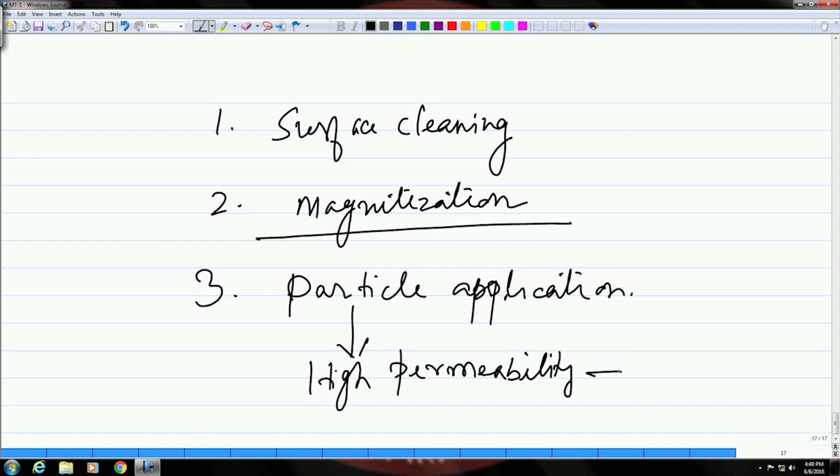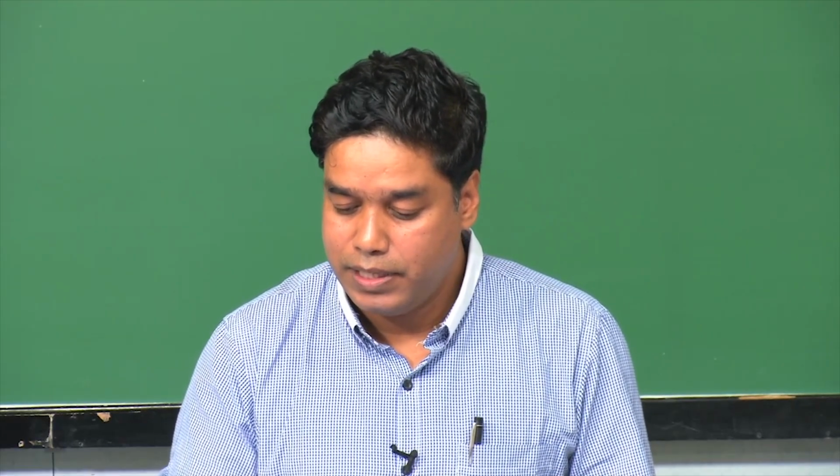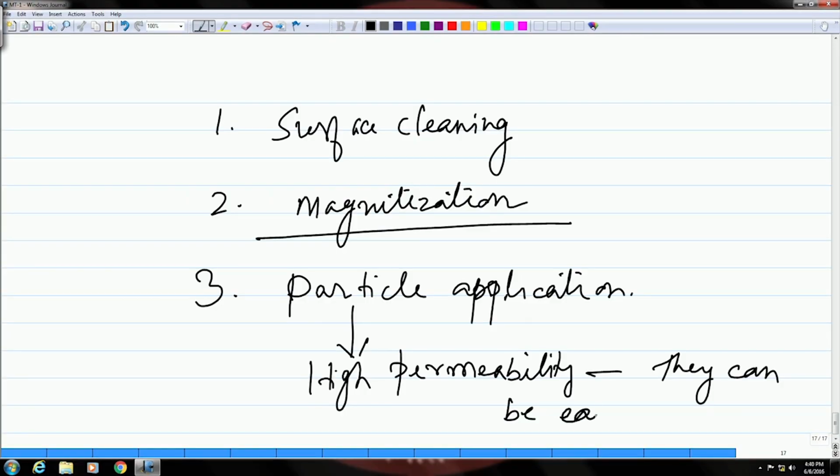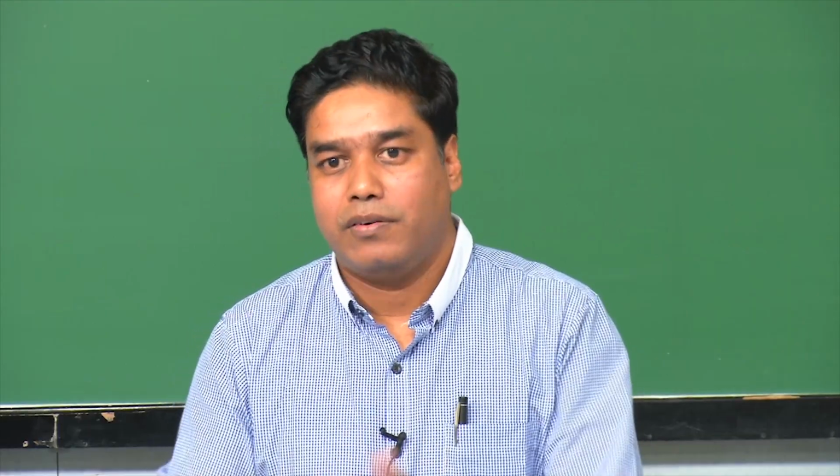They should have high magnetic permeability so that they can be easily magnetized, even if the magnetic field is small, because most of the time they are supposed to be magnetized by the small leakage field around the discontinuities.